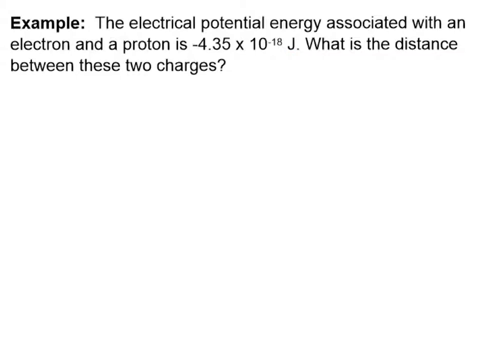I know that I would like to use the equation for electrical potential energy for a pair of charges. But in order to use this equation, I need to know what the charge is for each of those charges. I can look in a table, and I can easily find that the charge of a proton is plus 1.60 times 10 to the negative 19th, and the charge of an electron is negative that number.